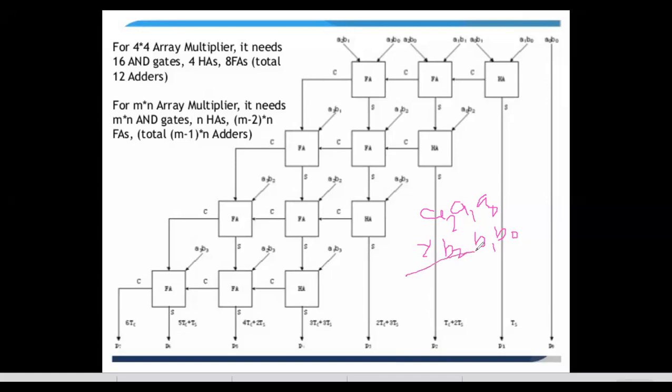First is B0 with A0, that is A0 with B0, the first multiplier, which can be designed simply using an AND gate. Second, B0 into A1, A1 into B0. Next is B0 into A2, that is A2 B0.